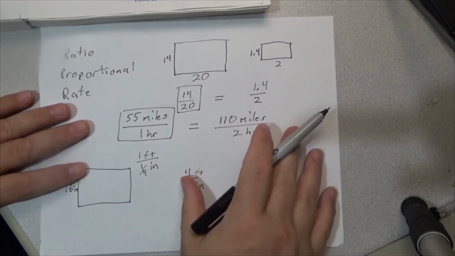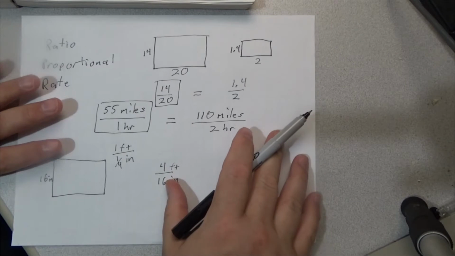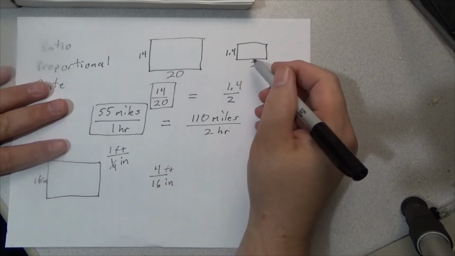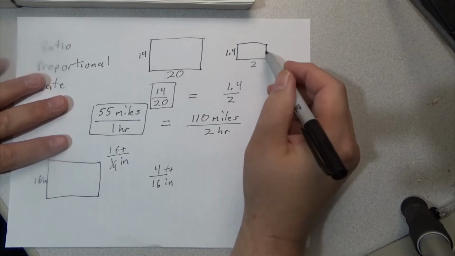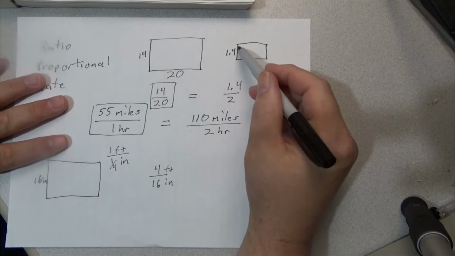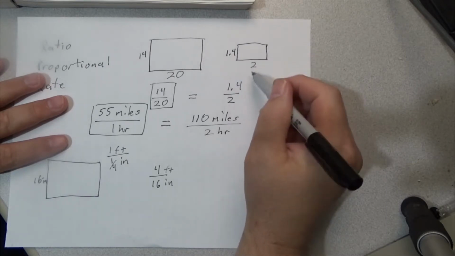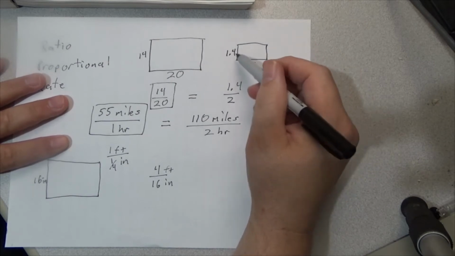Let's say you have a drone and you fly it up and take a picture of the pool, and of course the picture is going to be smaller than the actual pool. Say on the picture the width of the pool is 1.4 inches and the length is 2 inches.